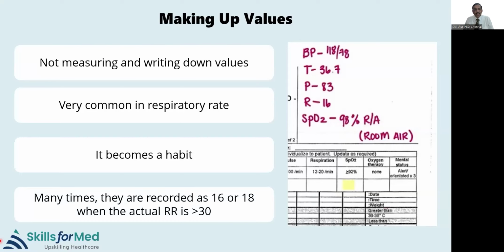That is because of this habit that we just take the respiratory rate for granted and write down these values. So it's something which you have to become aware about and make sure that you're always looking at the patient to see whether they are abnormal, and then make sure you write the correct values.